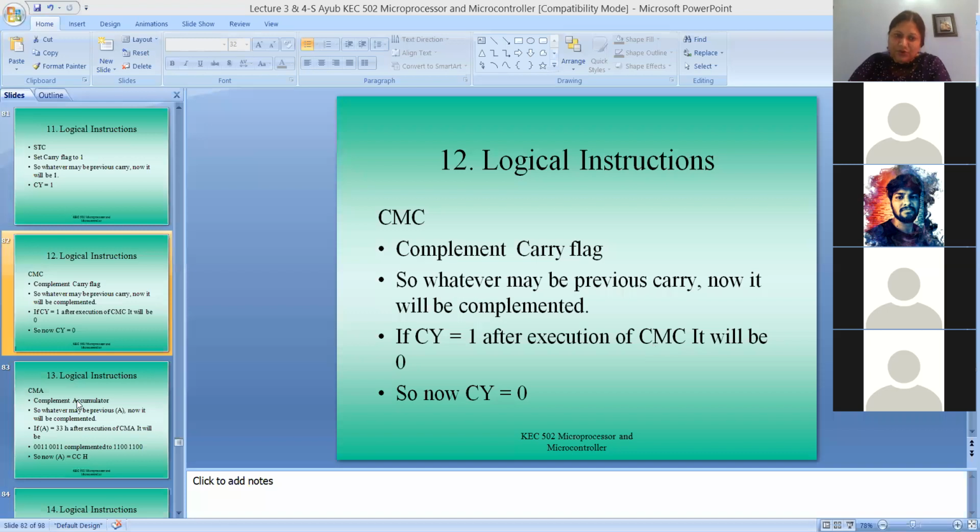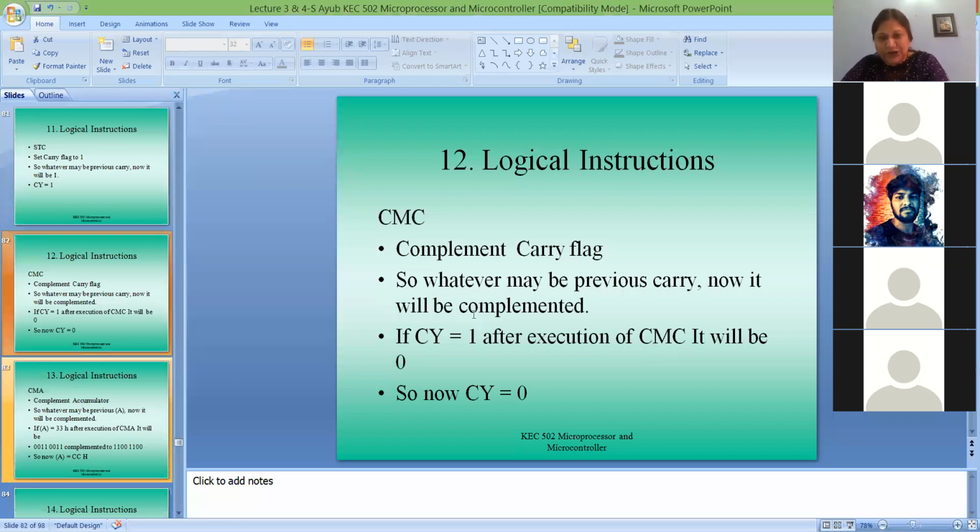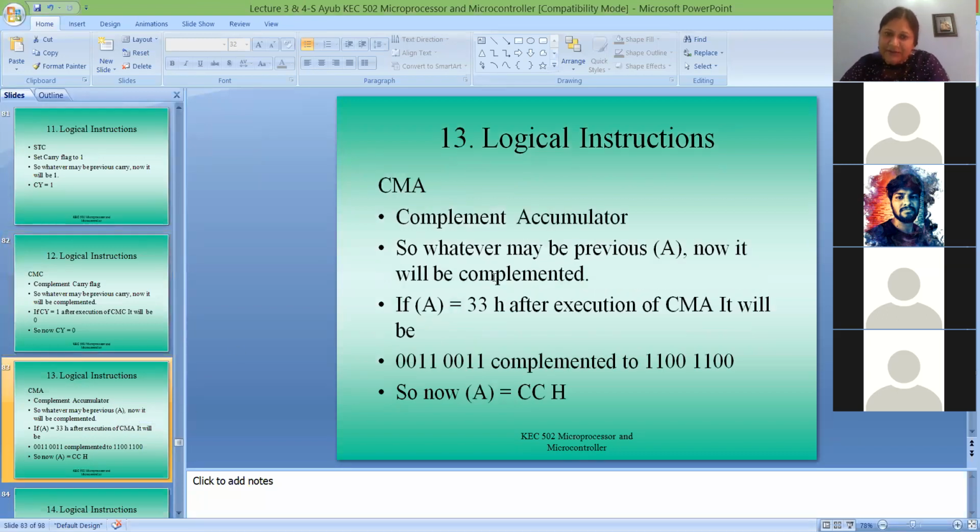Now there are only two complement instructions. One is CMC, that is complementing carry flag, and one is CMA, that is complementing accumulator. Because carry is only a single bit, if it is 0, it is complemented to 1, and if it is 1, it is complemented to 0. But in CMA, there are 8 bits because accumulator contains 8 bits, so all 8 bits will be complemented one by one.